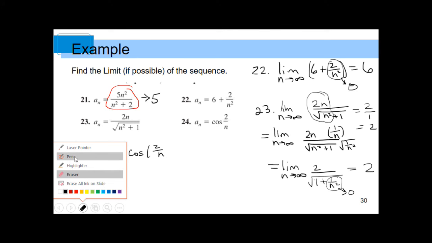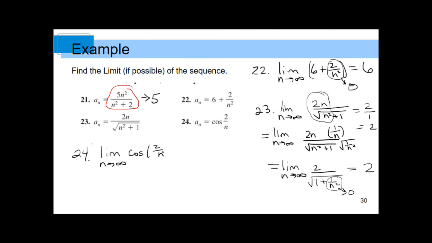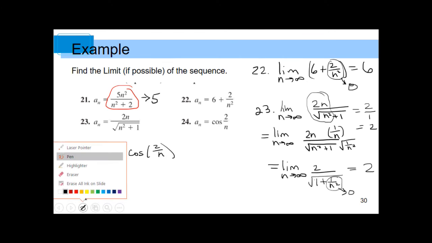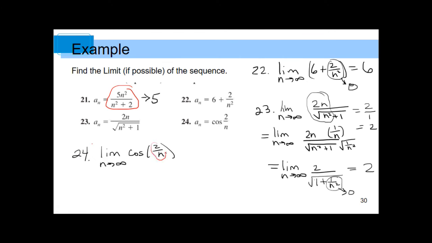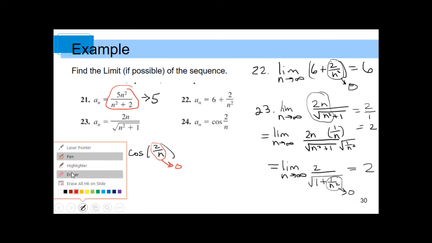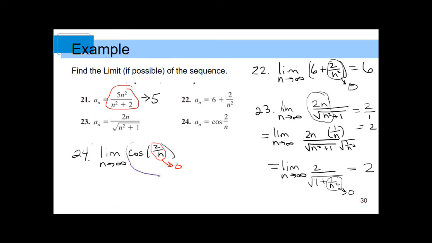So what we can do with this is just think about what's the limit as n goes to infinity of 2 over n. As n goes to infinity, this guy is getting very close to 0. It's approaching 0, which means that the whole expression is approaching cosine of 0. Remember, cosine of 0 is 1. So that sequence is approaching 1.